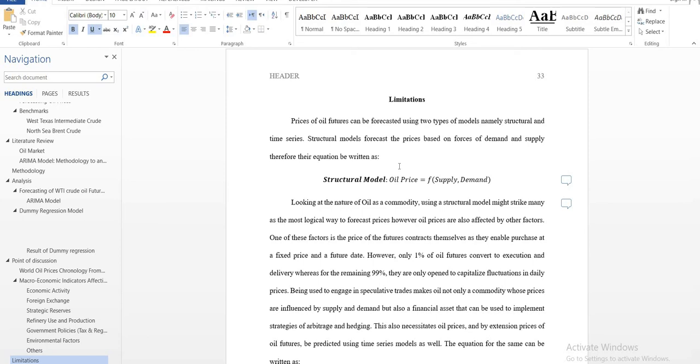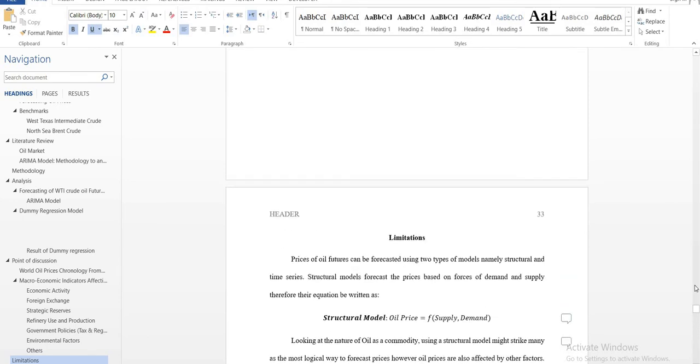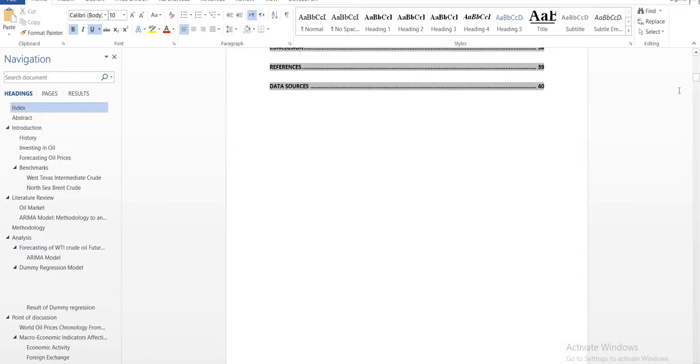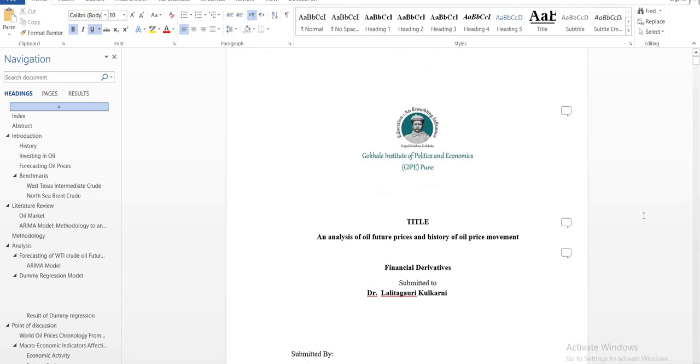So if any of these gets violated, what we encounter is the problem of specification error, and that's why there are various tests to identify such specification error. And once you identify which specification error we have actually encountered, then we suggest remedial measures for the same.